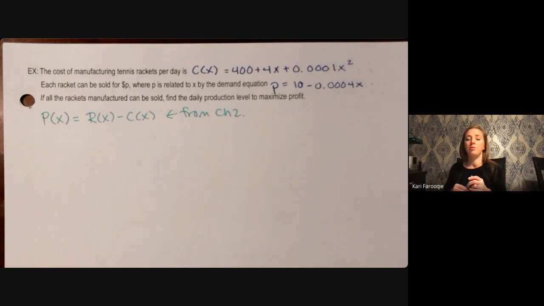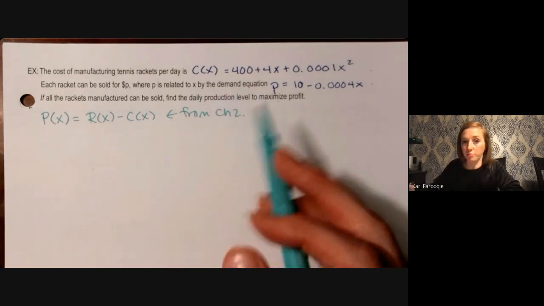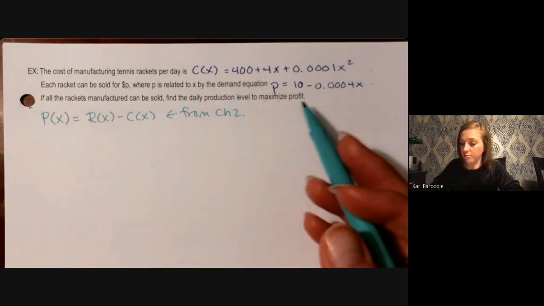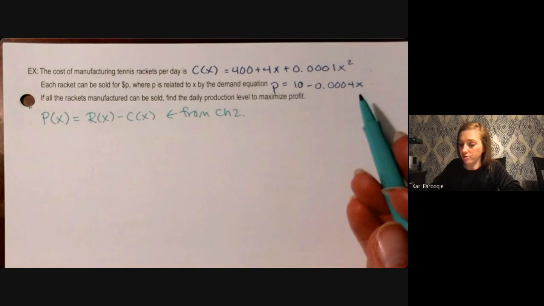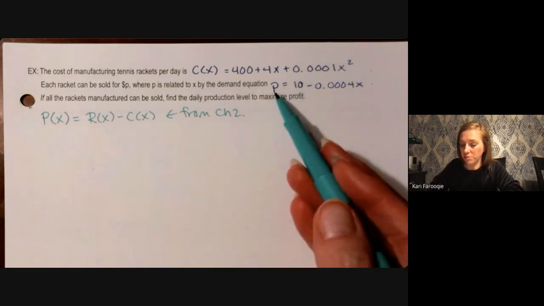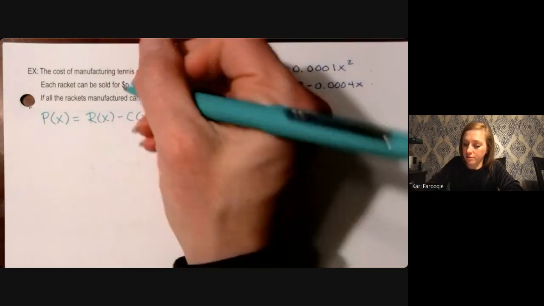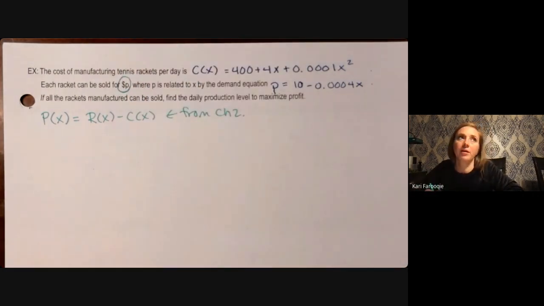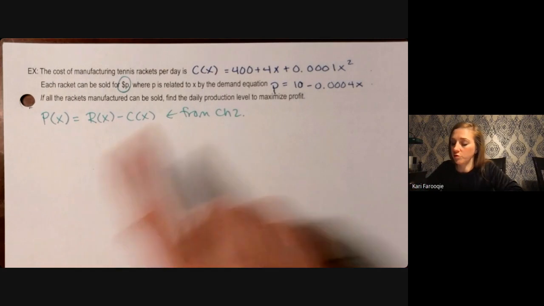I gave you the demand equation, but remember that in order to find the revenue, you're going to multiply this demand equation by X. So we said it's basically just the price multiplied by how many you sell. That's going to be the revenue. And remember, P is the price, because cost is confusing with our cost function.